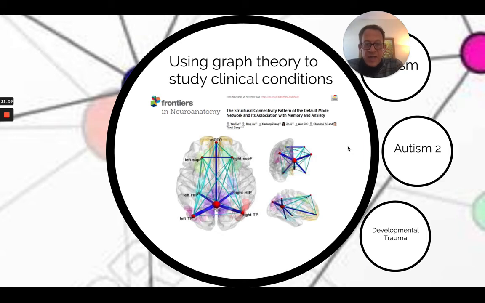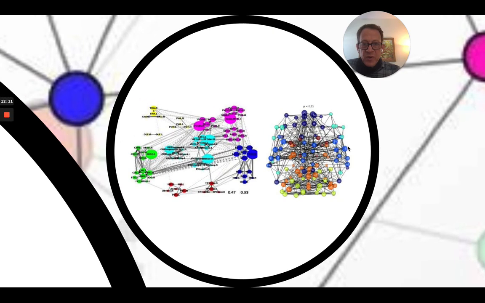And this looked at network analysis related to that and to its association with memory and anxiety. Anxiety is a major feature. When someone has dysfunction of the default mode network, they will almost always have anxiety. And that's very common in PTSD and developmental trauma as well.